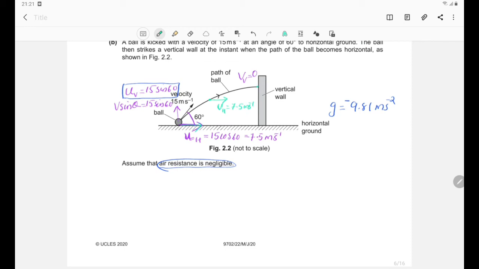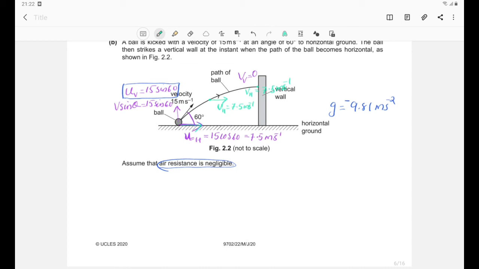Even at the top height, we have seen the vertical velocity will be 0, but the horizontal velocity at the highest position will be the same as the initial value. So everywhere in a projectile motion, the horizontal velocity remains the same, not like the vertical velocity.